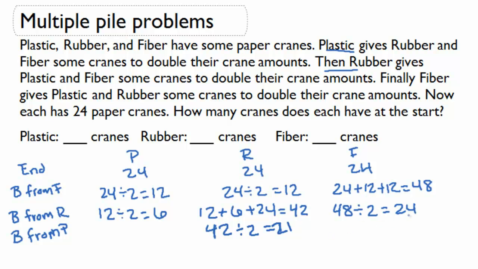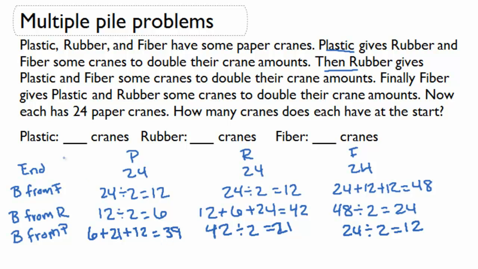And fiber has 24, but before he had 24, he would have had half that many, which would have been 12. So, plastic has just had 6 and given away 21 and 12, which means he would have started off with 39.